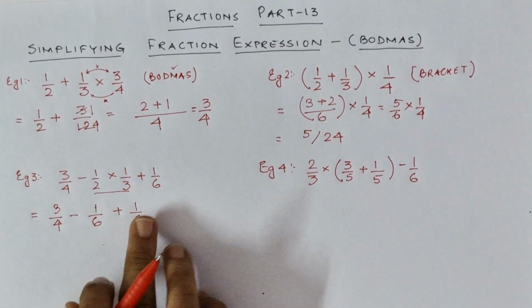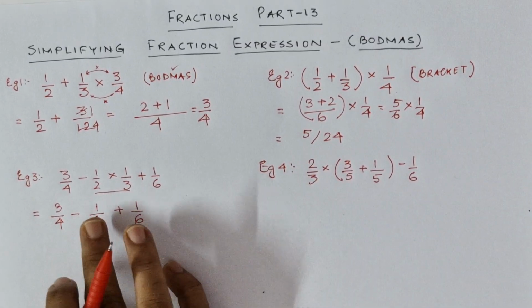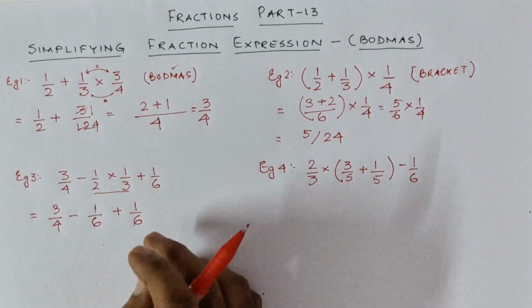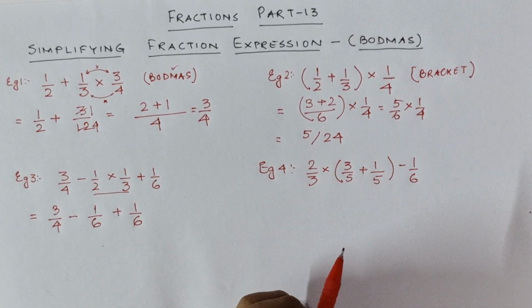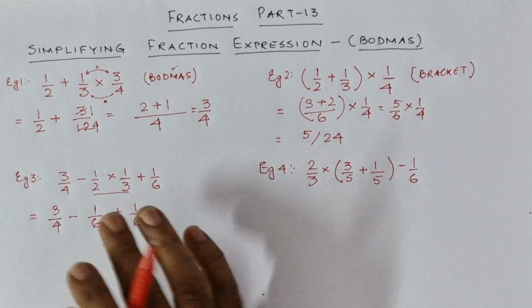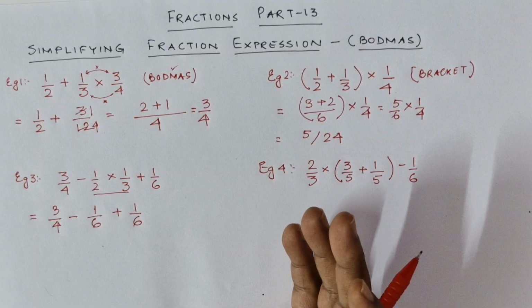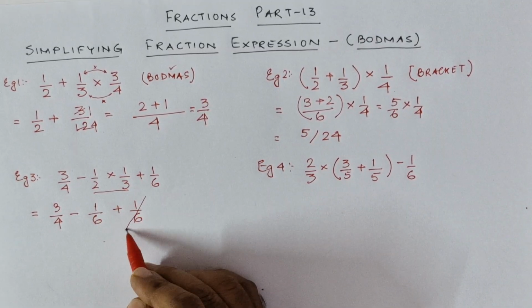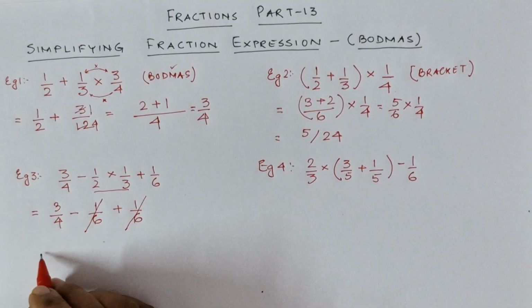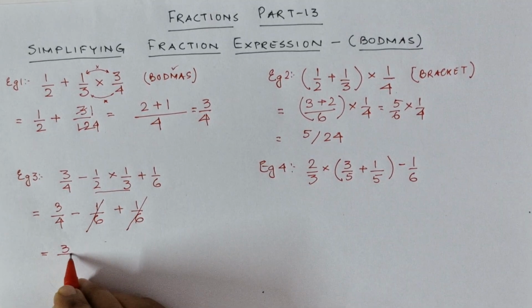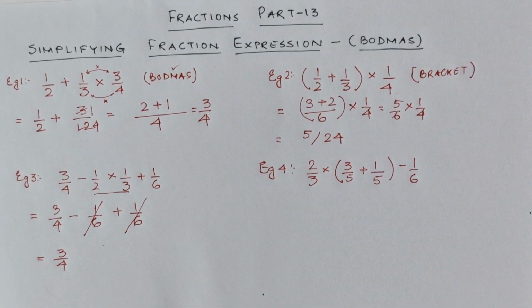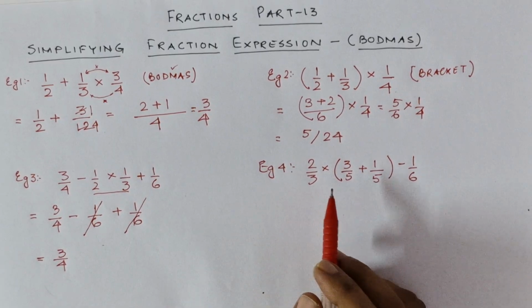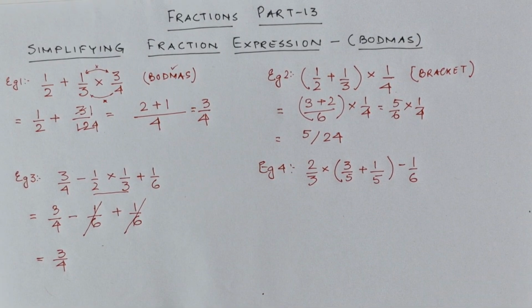See, plus 1 by 6 and minus 1 by 6 get cancelled, because 5 minus 5 is 0. So 1 by 6 minus 1 by 6 is also 0 in a similar way. So you can straight away cancel this. So what remains? 3 by 4. Got it? Very simple.